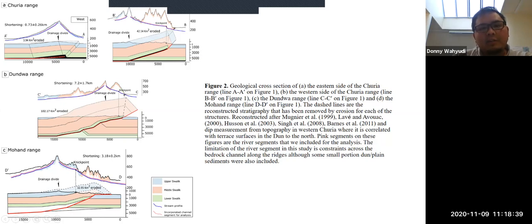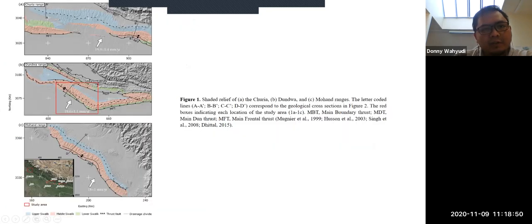the structure from the stratigraphy of the Siwalik. If you look here on the Churia range, it's gradually exposed to the surface. In this part, it's only the upper Siwalik exposed to the surface, and it's gradually exposed to the east, and we have lower Siwalik on the east.